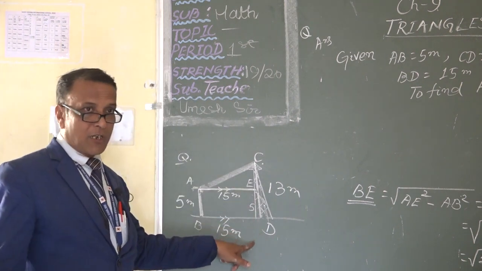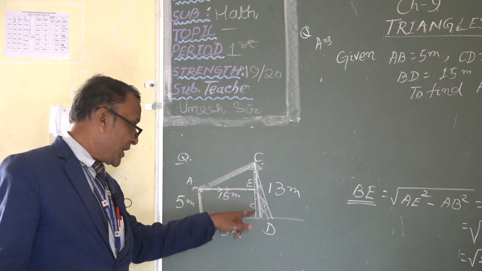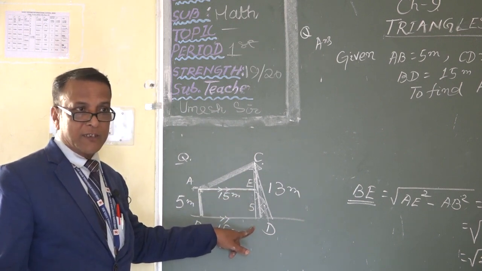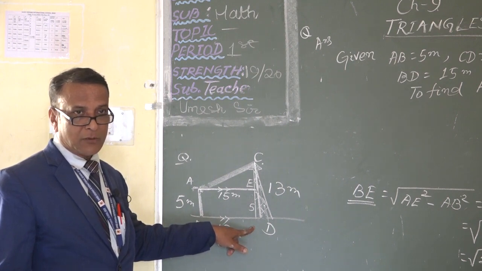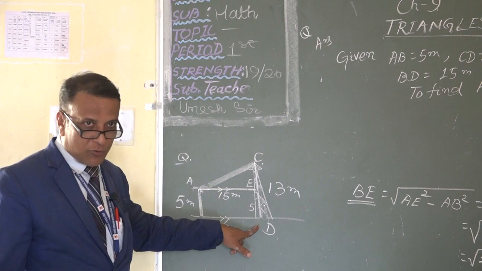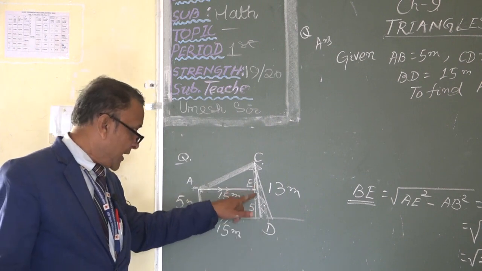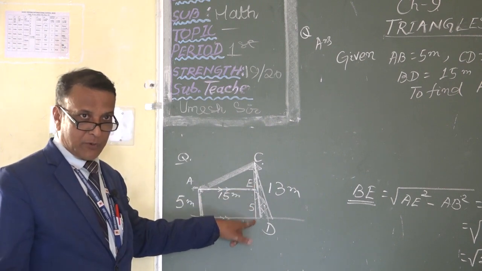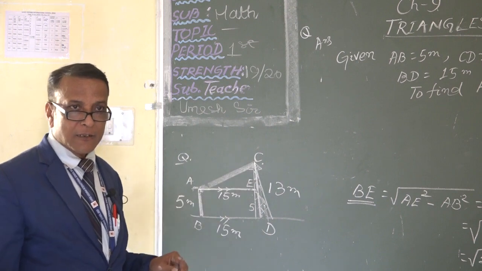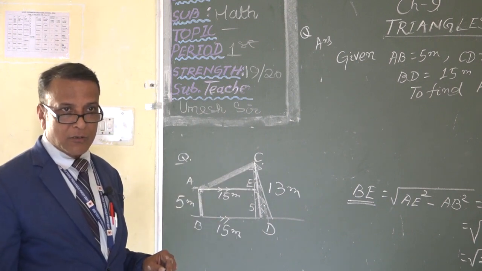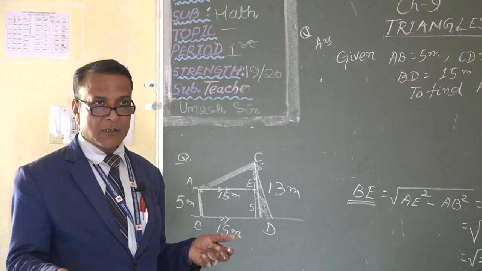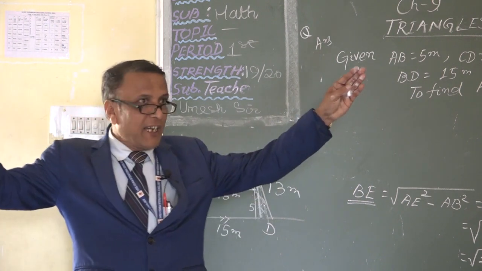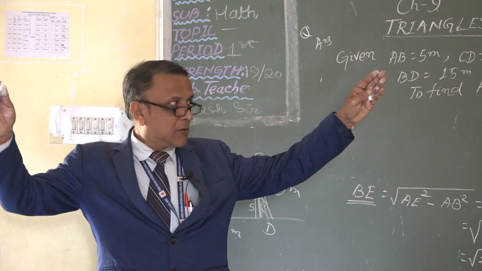If CD is equal to 13, ED is equal to 5, then what is the length of CE? Simran, CD is equal to 13, ED is equal to 5, then what is CE? What you will do? Stand up and say, CD is equal to 13, look my hand.